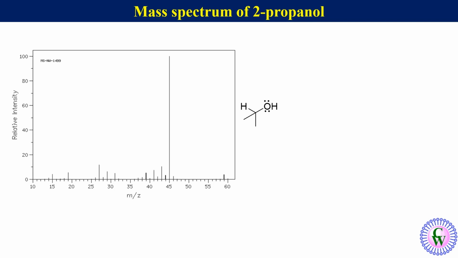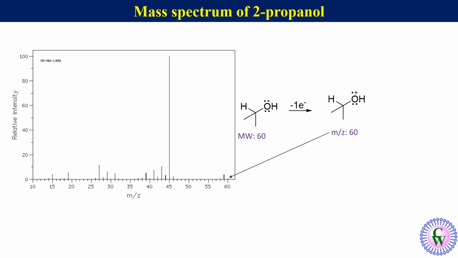Mass spectrum of 2-propanol. 2-propanol has the molecular weight 60. Upon electronic bombardment, there is elimination of one non-bonding electron to produce molecular ion with M/Z value of 60.